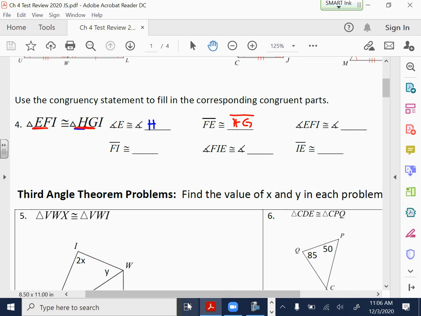And then it gets a little bit harder. We have EFI, but remember, in EFI, that F is always the vertex of your angle. So the F is the one we're looking at. Well, if the F is in the middle over here, it's got to be this middle letter over here, so it's HGI.